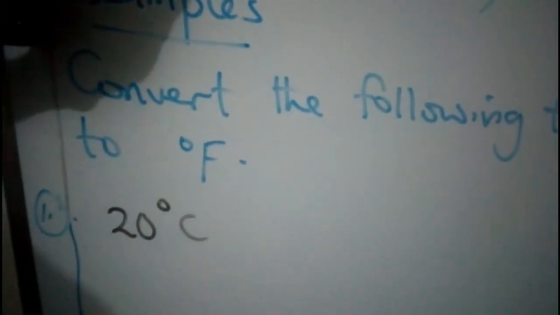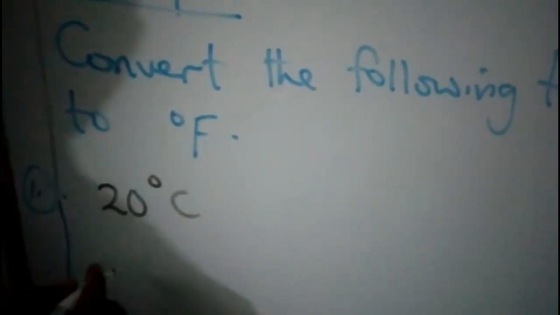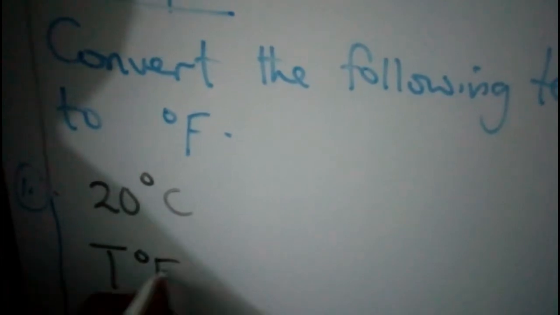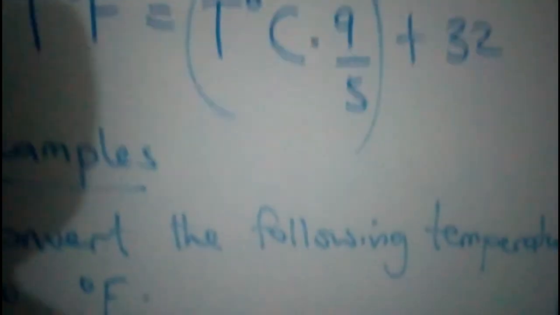Applying our formula here, so what do you simply do? Temperature in degree Fahrenheit now becomes temperature in degrees Celsius, which is 20. The dot here means multiplication. So what do you say? 20 times 9/5, all in bracket. Then you add your 32 to it. So you remember how we solve multiplying a fraction?